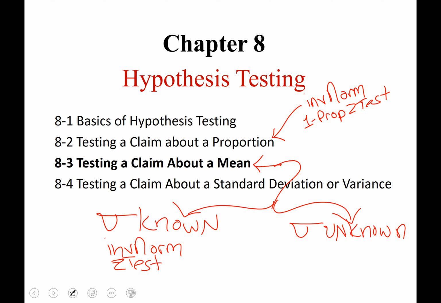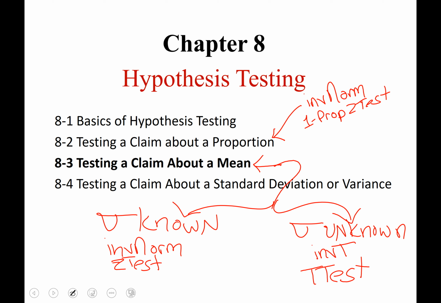as the main requirement, these are the same requirements as they were for confidence intervals. If sigma is unknown, you're going to be running inverse T to find a critical value, and you're going to be running the T-test to find your test statistics and your p-values.